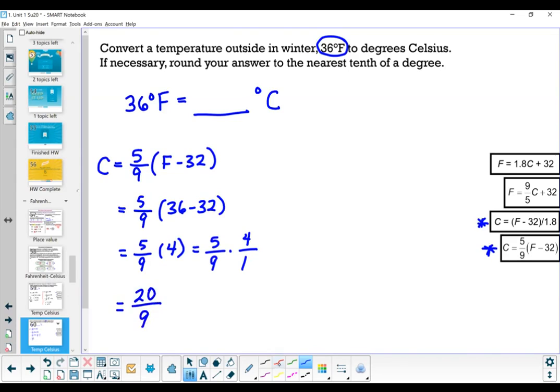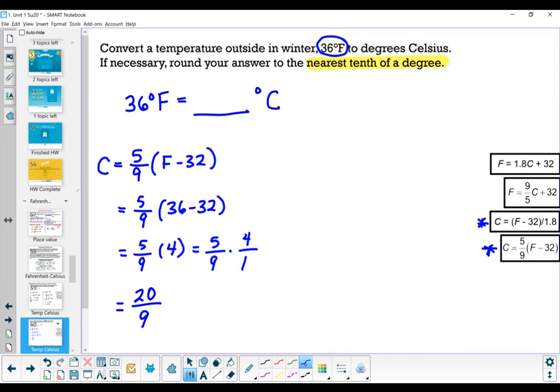Okay, now, because the direction says round your answer to the nearest tenth of a degree, what they're saying here is you need to divide this to get a decimal value.